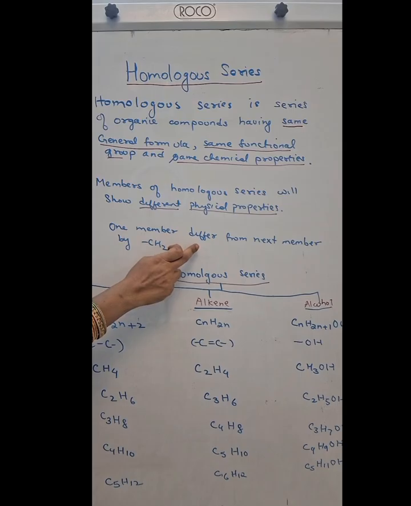Similarly, let me explain this point: one member differs from the next by CH2. Suppose I select these two members. The carbon number here is 3, here is 2, so the difference in carbon is 1. Hydrogen is 6 and 8, so the difference in hydrogen is 2.